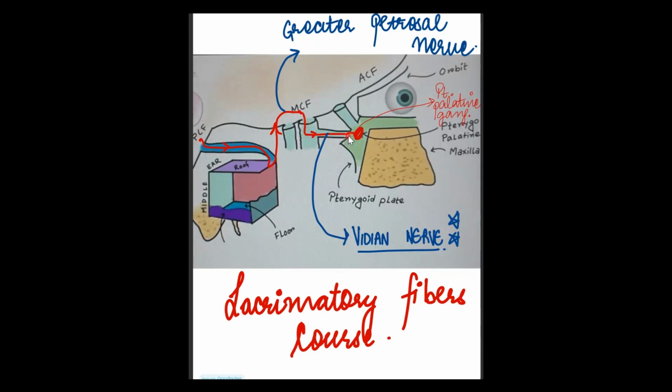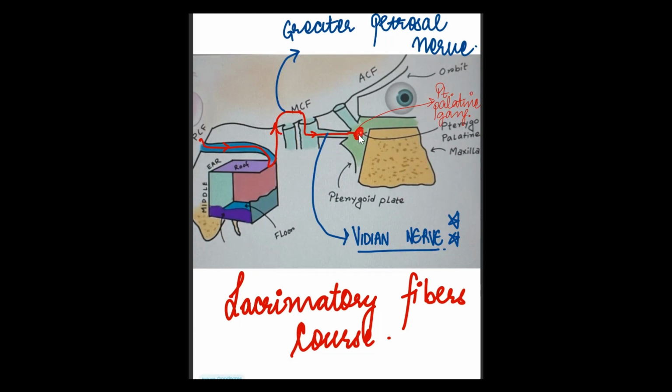Then it moves into the pterygopalatine canal. Through the pterygopalatine canal, it comes into the pterygopalatine fossa, which is between the pterygoid plate and the maxilla.